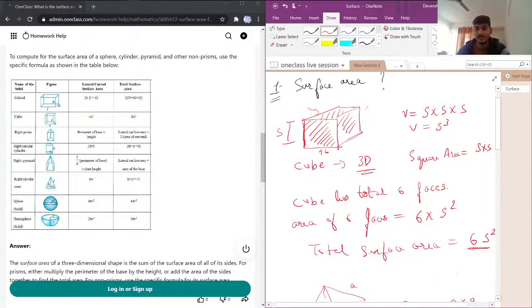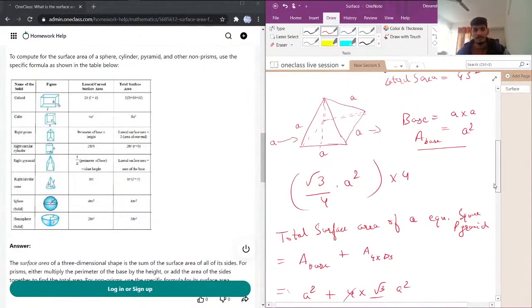For lateral surface area we will not include the top face, so we exclude two faces from 6 faces, then my lateral surface area will be 4s square, because it will include only 4 faces: this one, the back one and this side one. In a prism also we do not include the base, or in the pyramid we do not include the base.